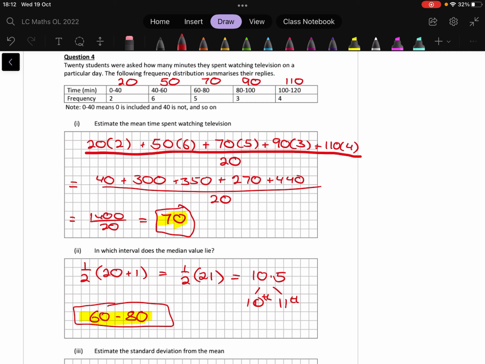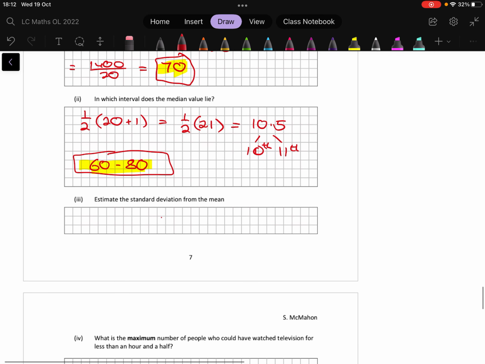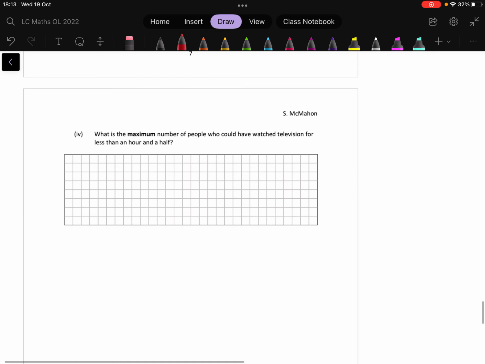And then on the right-hand side, we have to account for the frequencies. By doing that, we get a standard deviation of 27.386 approximately. And we can also use this as an opportunity to check our mean, and we can see that the mean does indeed work out to be 70 like we had there.